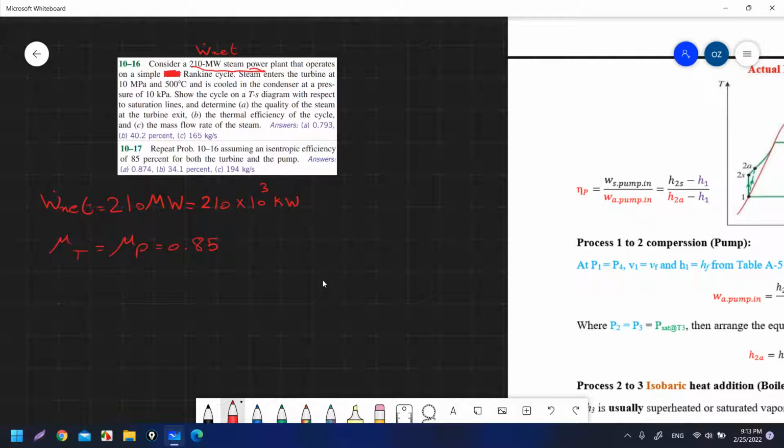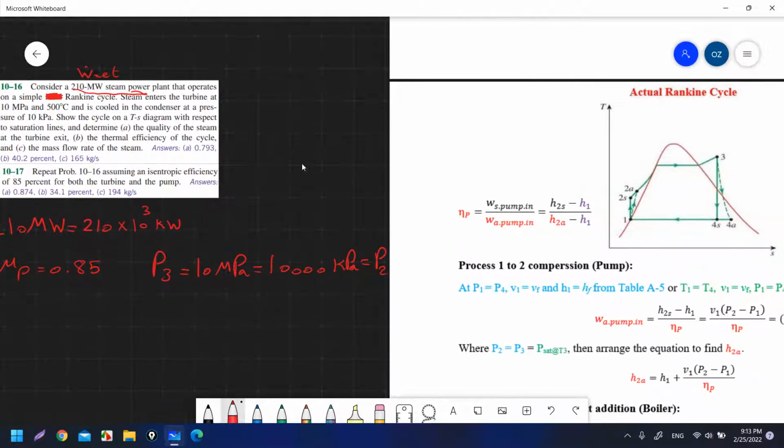So we have P3 equal to 10 megapascal, which is also 10 thousand kilopascal, and P3 is equal to P2, on the same pressure line.